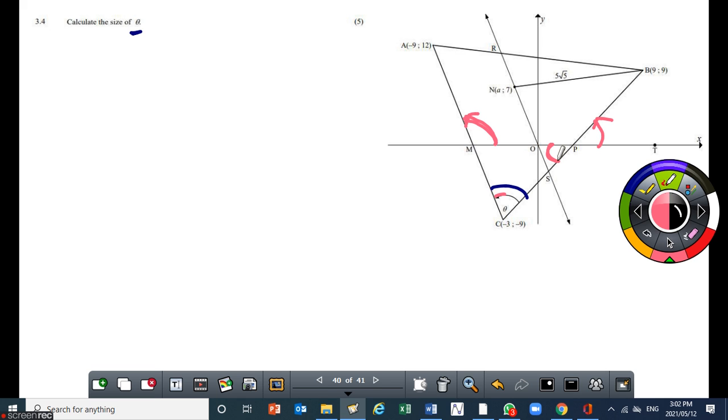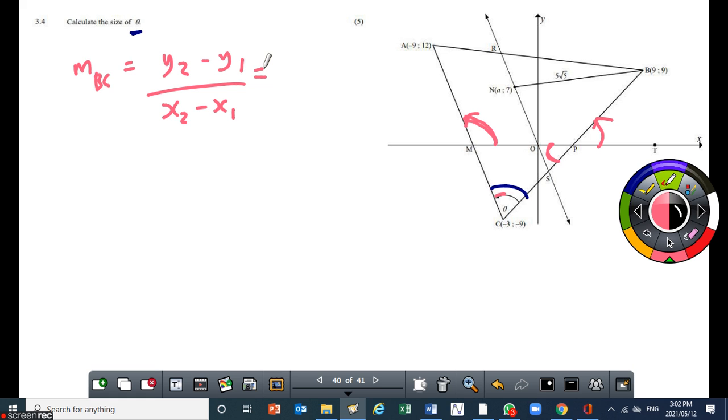Are you following that? You remember your geometry of straight lines, vertically opposite angles? So that's what I'm going to do. First thing, I'm going to calculate the gradient of line BC. We'll use that to determine the size of angle MPC. So I'll say m of BC is going to be equal to y2 minus y1 over x2 minus x1.